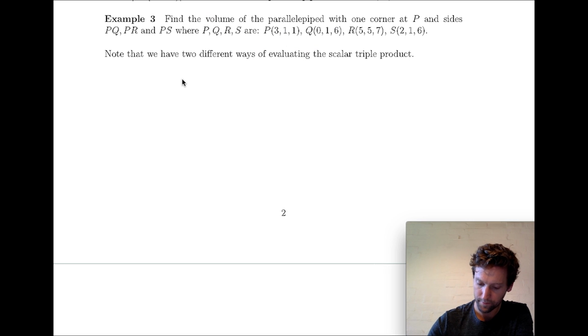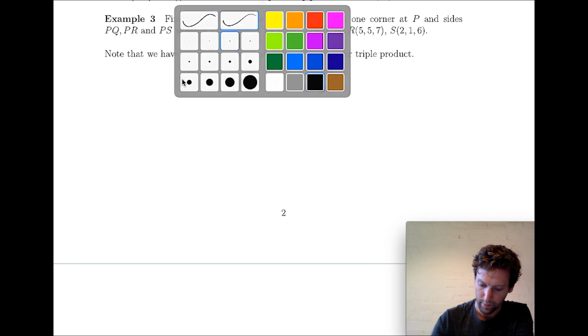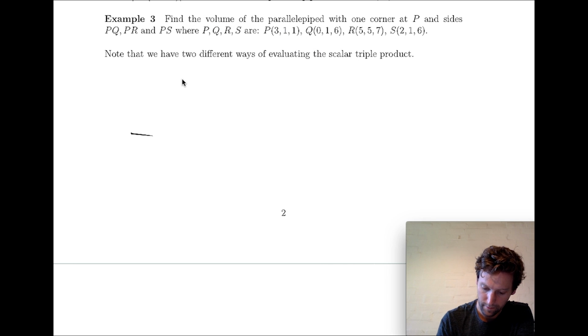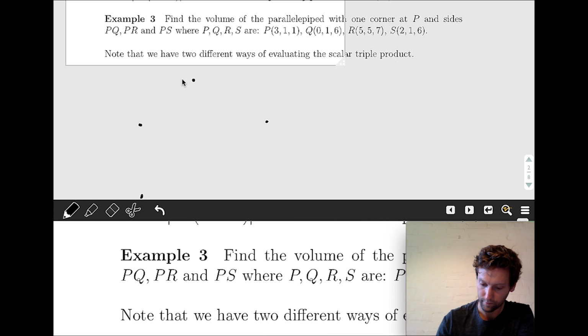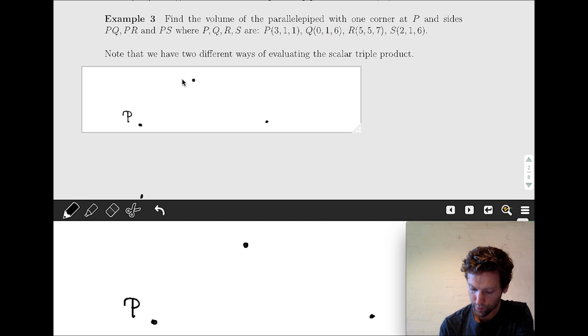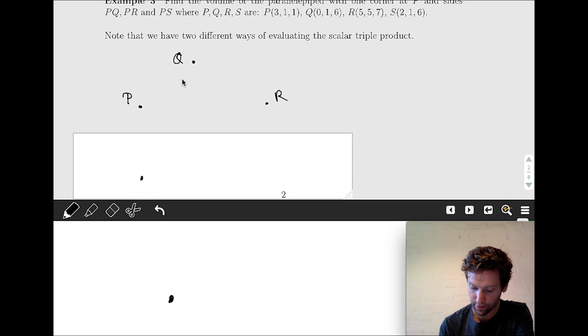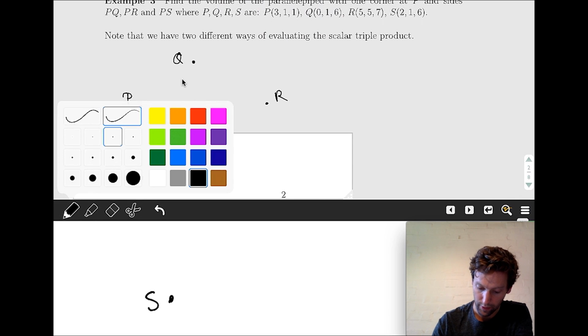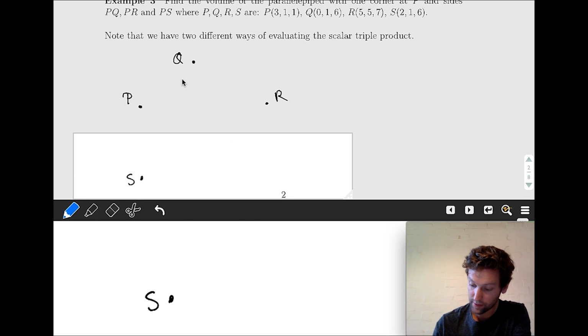So we've got points P, Q, R, and S. Those are points in 3 dimensions. I'm going to use those to define 3 different vectors.